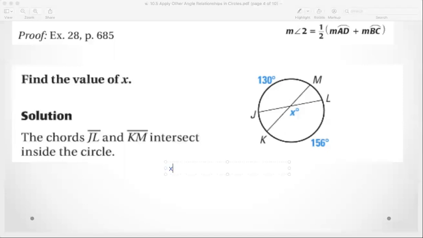So angle x equals 130 plus 156, divided by 2. 130 plus 156 is 286, and we're going to divide by 2. And that would be 143. So the measurement of angle x is 143. That's it. You simply take the average.